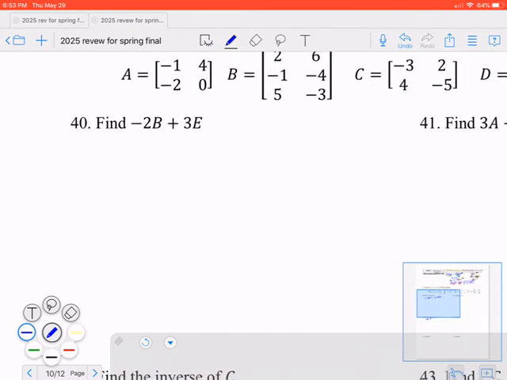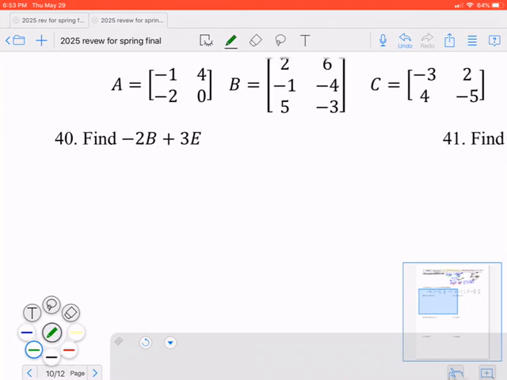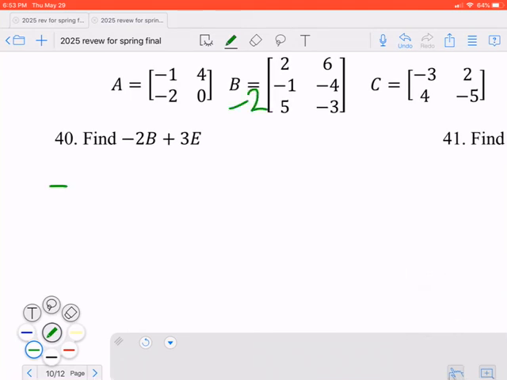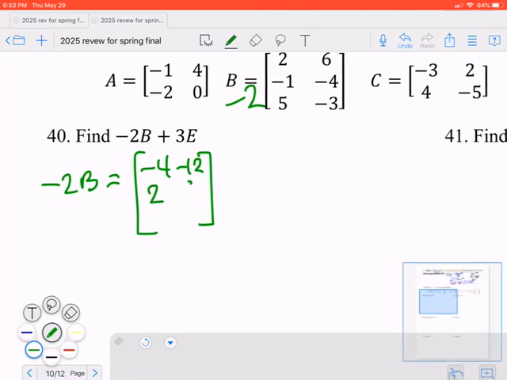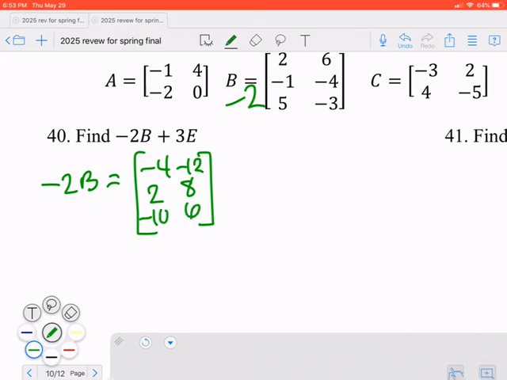So -2B plus 3E. So I'm going to find -2 times B. So -2B would be multiplying all of those by -2. So -4, -12, +2, +8, negative 10, and positive 6.